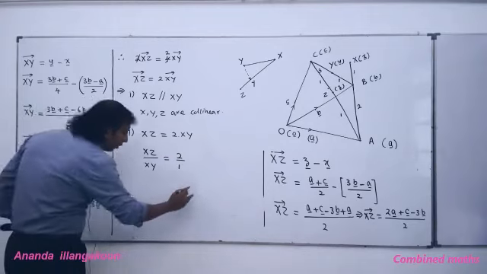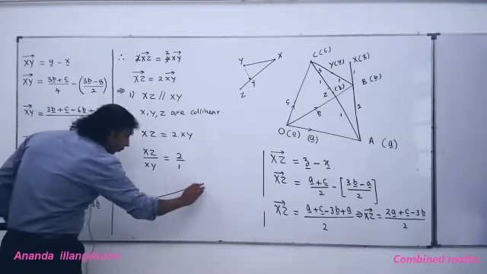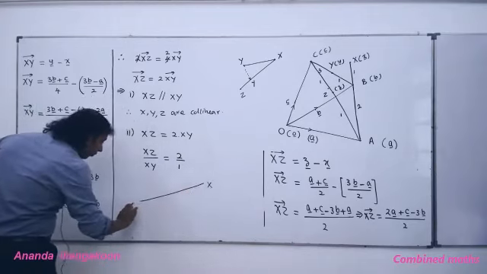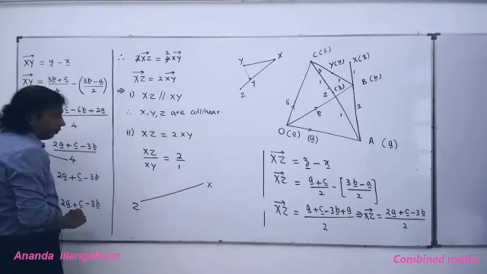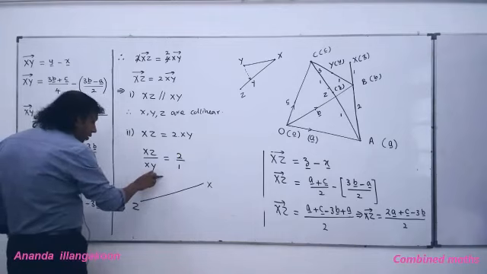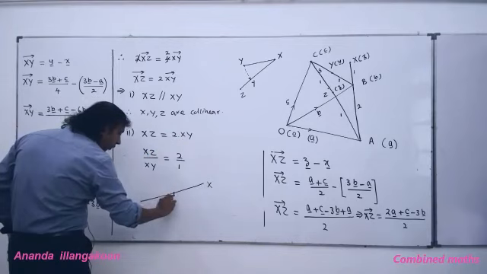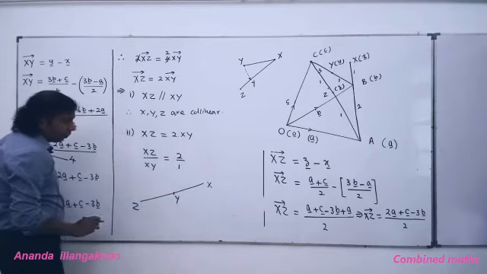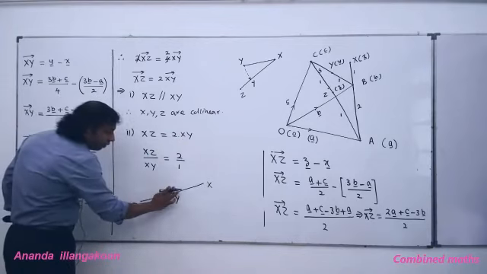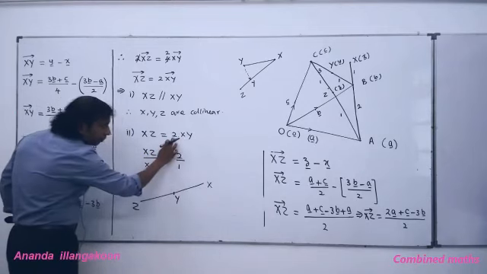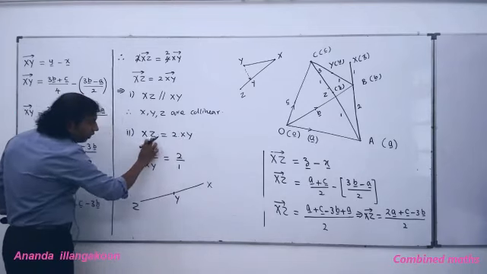Now I draw that diagram. X here, Z here. XZ is 2XY. Here we have Y. XY length should be multiplied by 2 to get this XZ length.